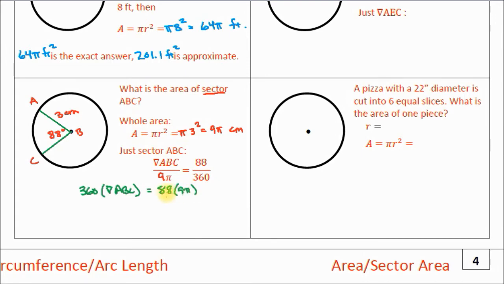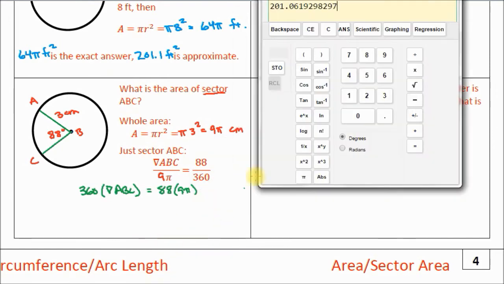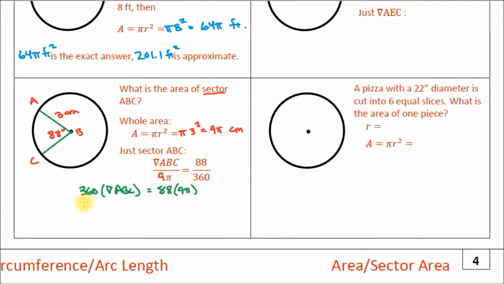We can simplify the right side. 88 times 9. Let's go ahead and do that now. I don't have these recalculated out, so I'll do these real quick. 88 times 9 is equal to 792. So 360 times sector ABC is equal to, what was that number again?